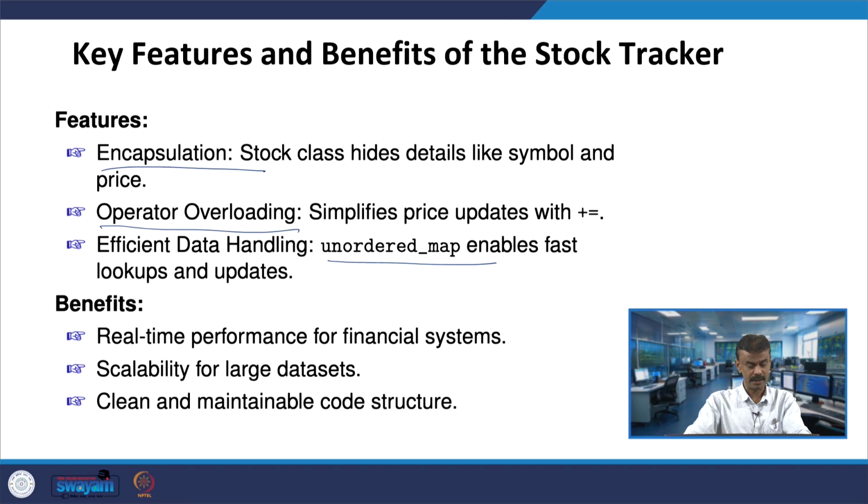These are the important features and benefits of these STLs: real time performance, for example for financial systems, scalability for large data sets, and a clean and maintainable code structure.